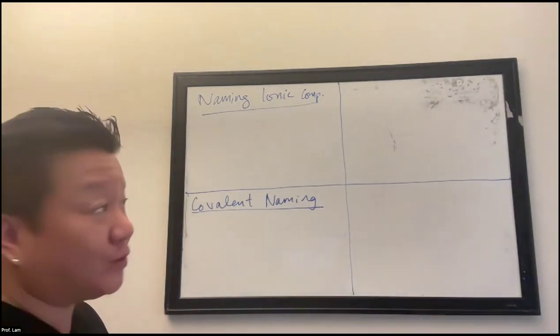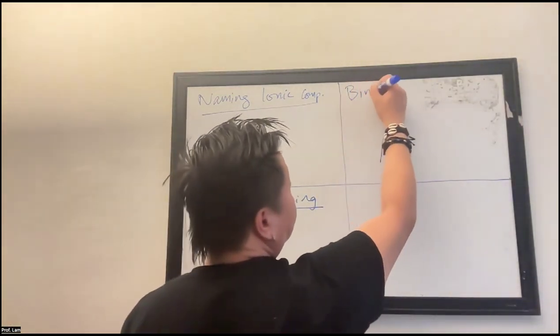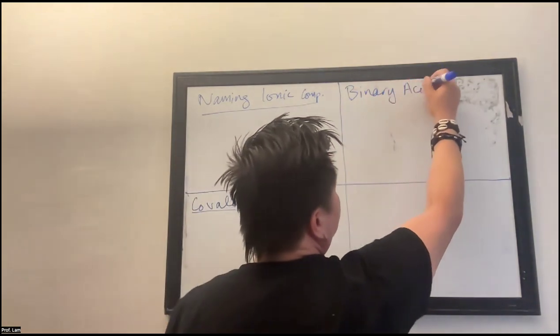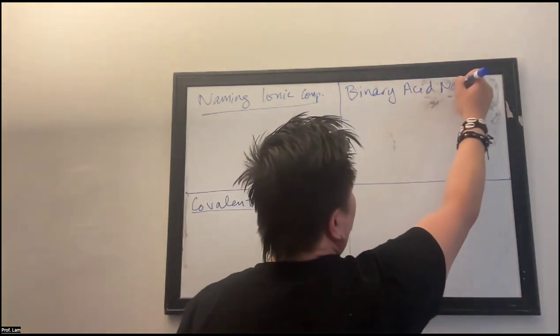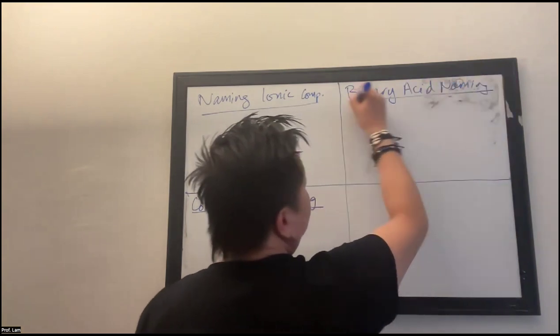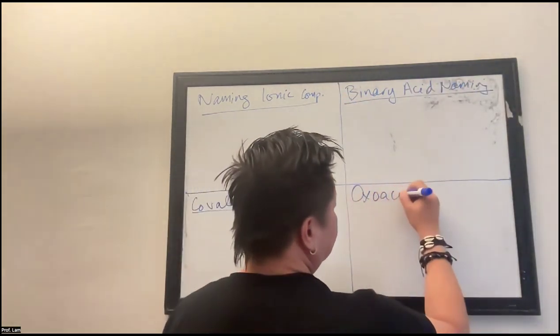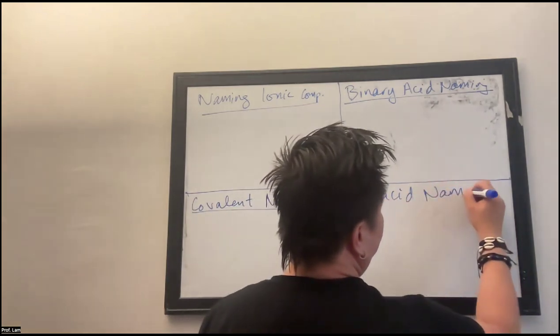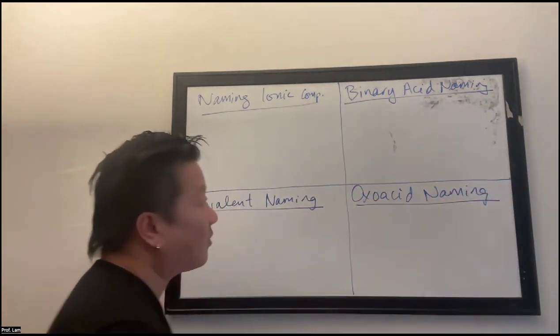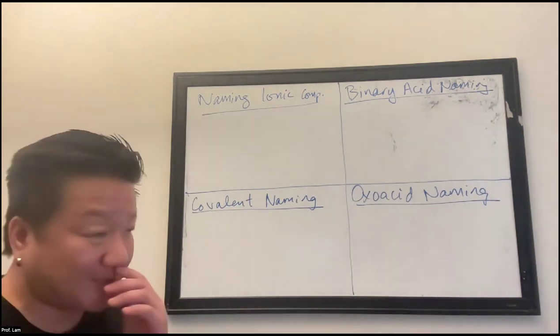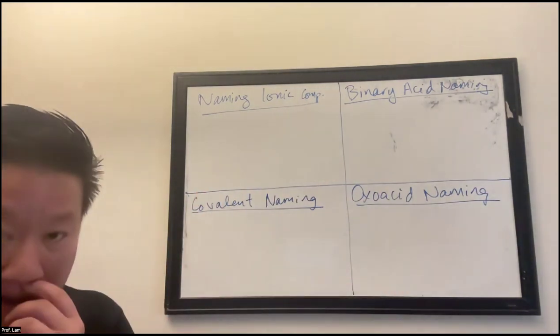Then we go to the binary acids naming. And finally, the oxoacid naming. Okay. So that's going to be your piece of paper, right?